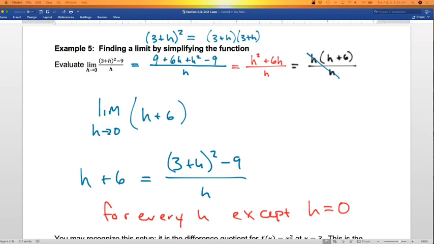And so since I'm evaluating their limit at h equals 0, I can use either one because they're equivalent at every other point. And so I choose to use the one that is defined at 0 because that just makes sense. And so since that's now a polynomial function, a very simple polynomial function, I can use the direct substitution property and say that's equal to 0 plus 6, or just 6.